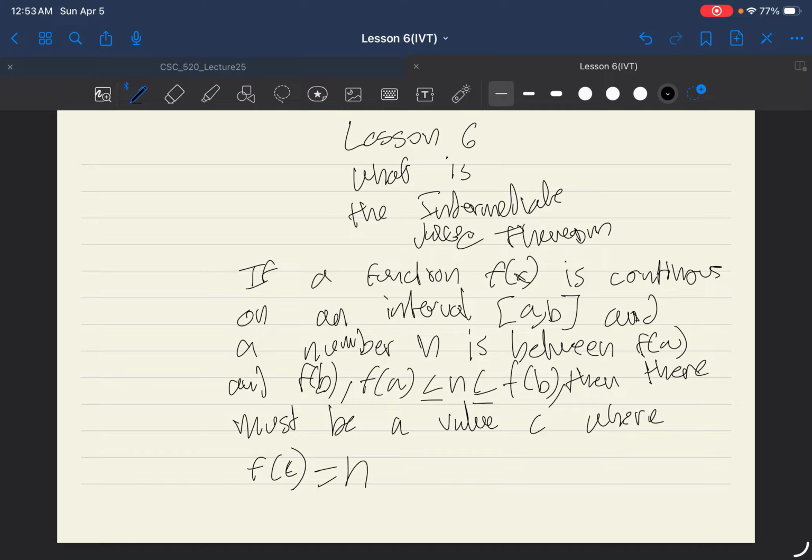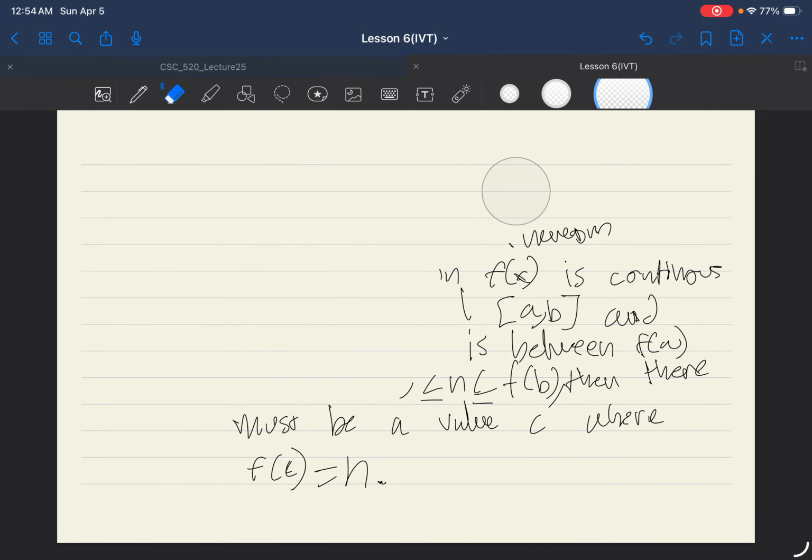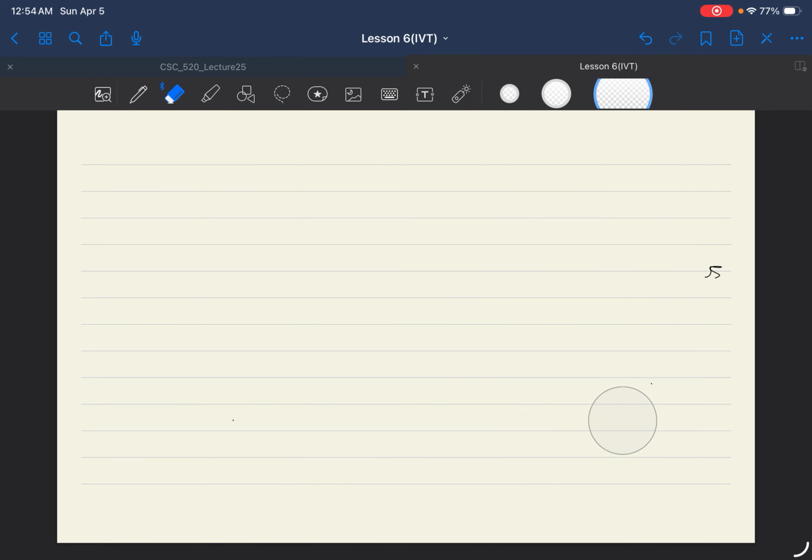This is a long thing. This is very hard to comprehend. So I'll try to make a little bit more sense. I'll draw it graphically so that you can see it.